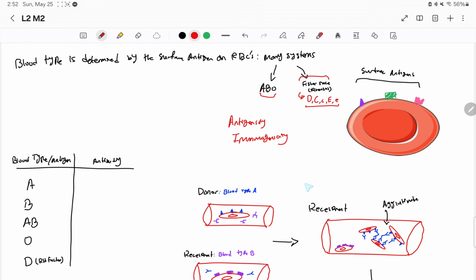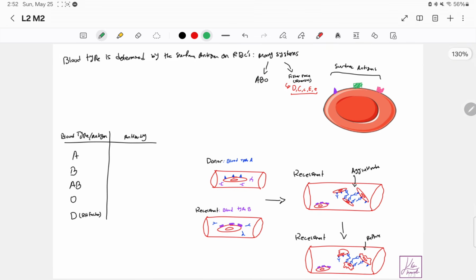For example, any of those other systems that I just named, the ones that probably no one knows about unless you're a hematologist, those ones don't initiate as strong an immune response as these ones do. That's why these ones are more well known.